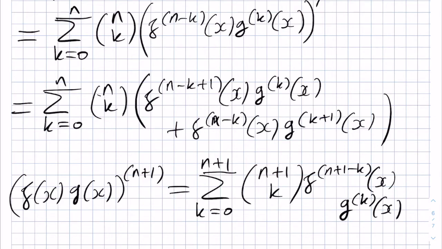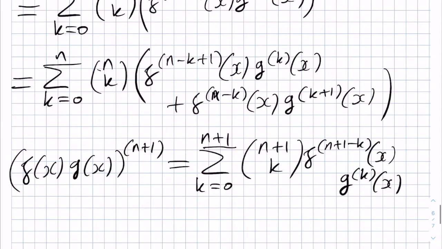So this is what we want to show. We were considering this left-hand side above, and we'd gotten to this sum here, and so we want to show that we can end up with a summation that looks a little bit like this.